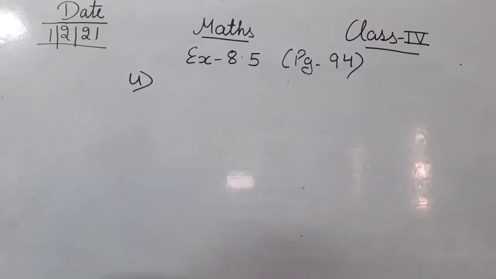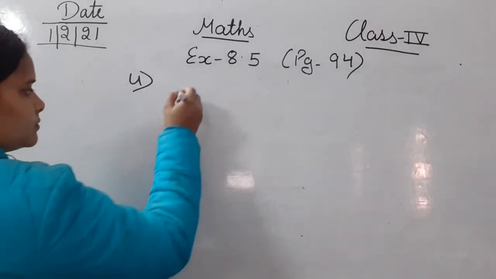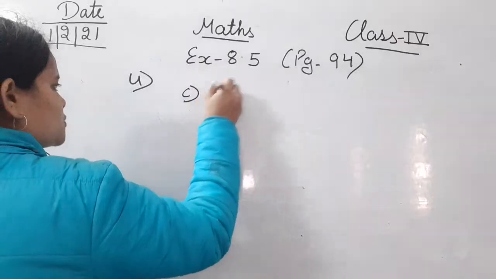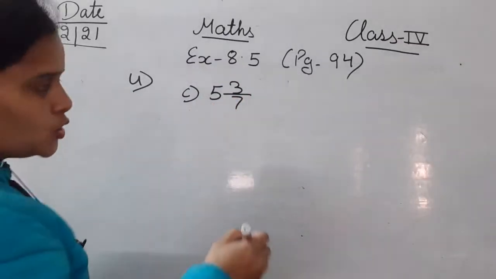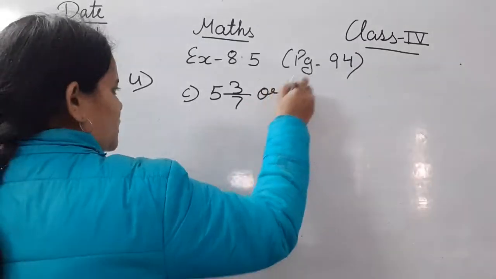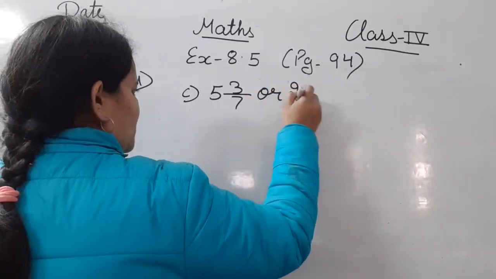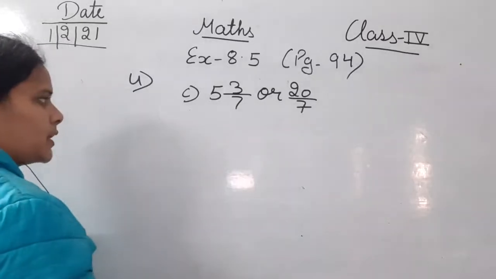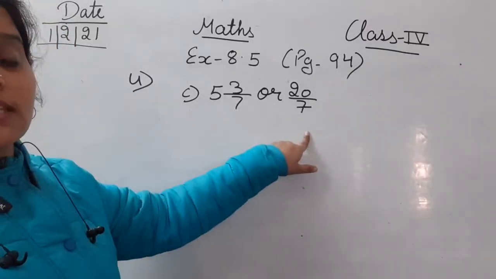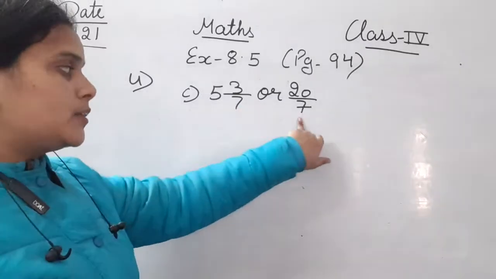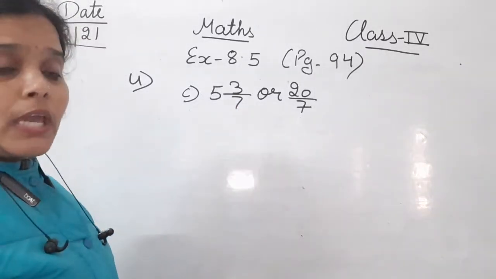The C part is 5:3/7 or 20/7. We have to compare them again. This is a mixed fraction and this is an improper fraction.